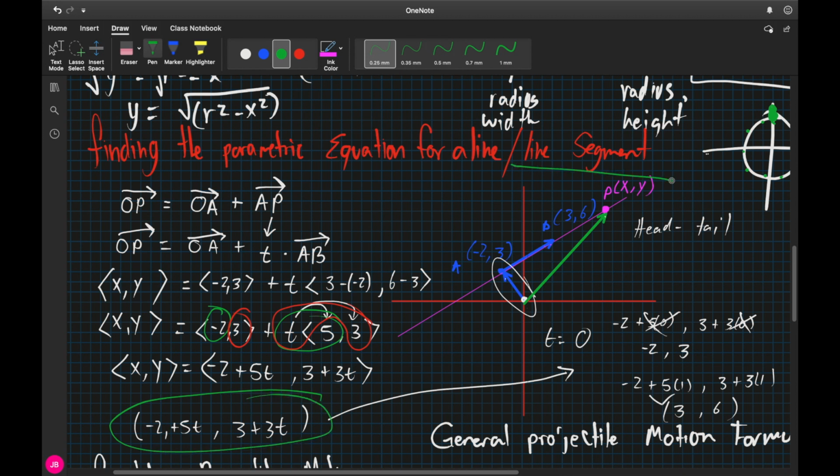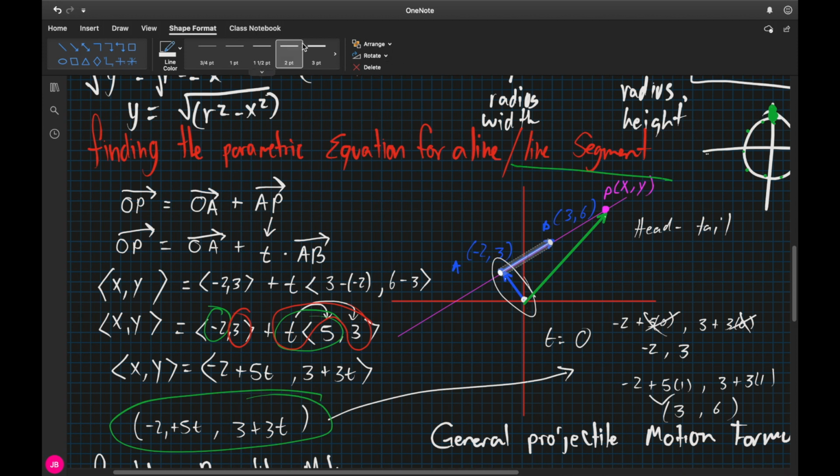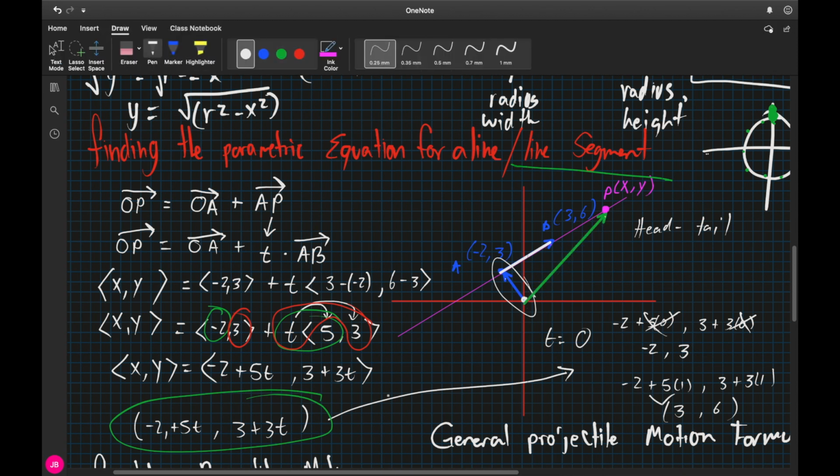Now, if I wanted to make this a line segment, which means that I was only looking for the points between A and B, then I could go ahead and specify that it is just on the interval zero is less than or equal to t, and t is less than or equal to 1.